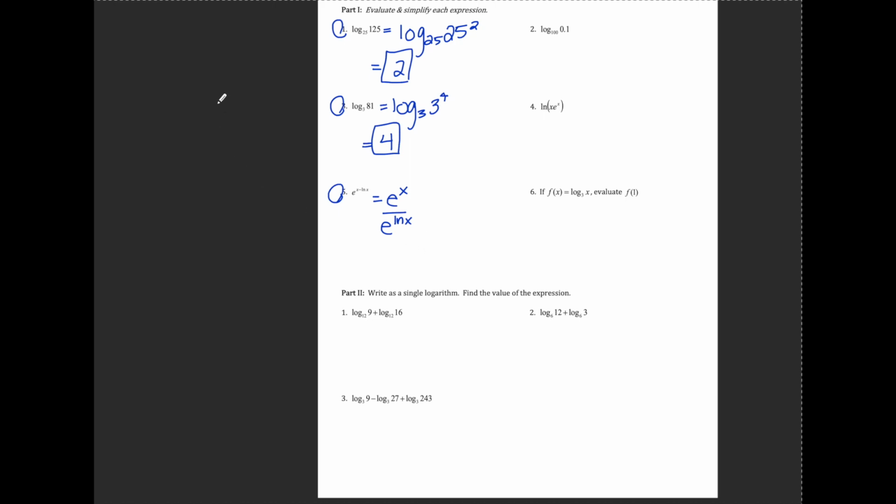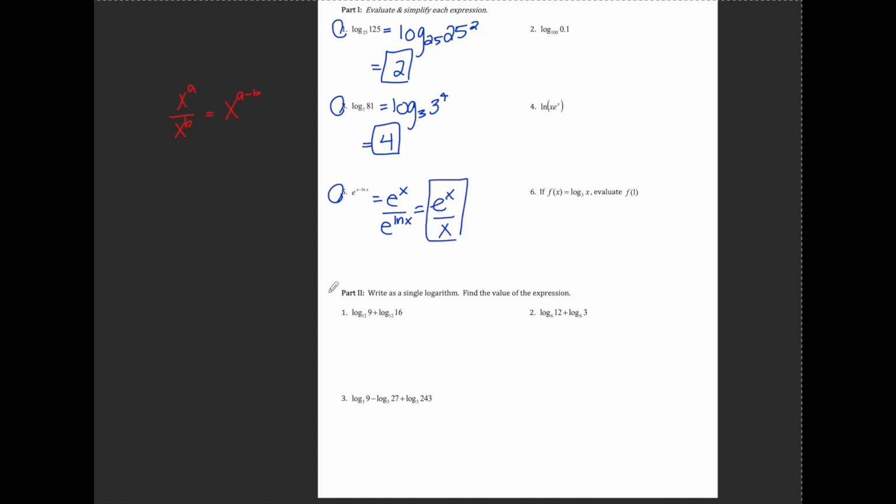That comes from our exponential rule that says x to the a over x to the b is equal to x to the a minus b. So we just used this rule, but we went backwards. So if I have e to the x over e to the ln x, in the denominator, the e and the ln cancel, and I'm left with just e to the x over x.